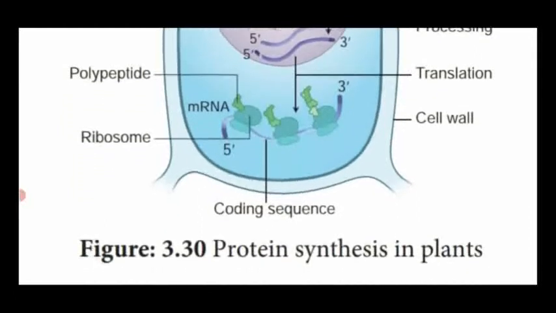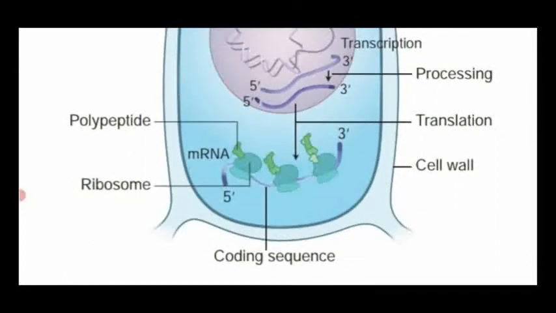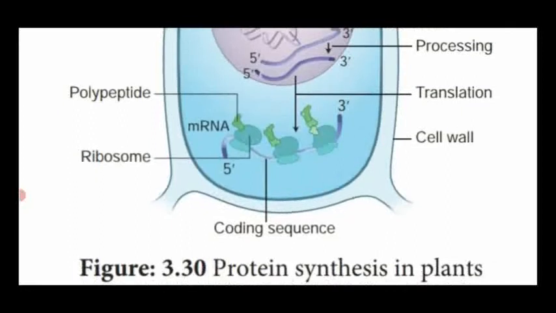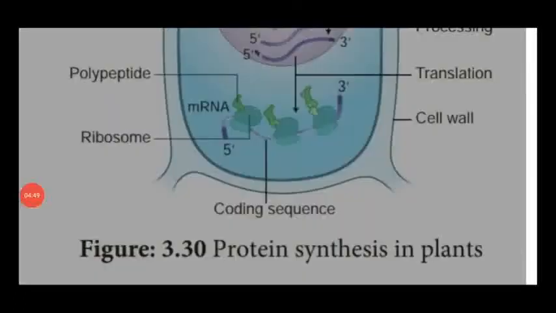So these are the two processes of protein synthesis taking place in the nucleus and the ribosomal region of the cytoplasm. Dear students, now we are going to see the different stages of transcription.